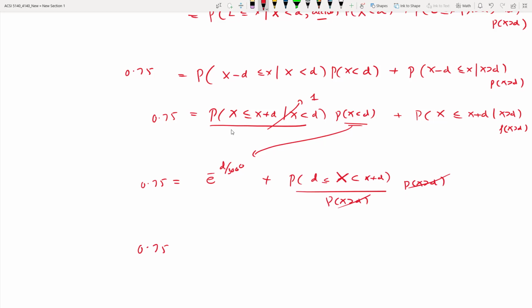By the way, this is probability X less than d, so it should be 1 minus. Remember the CDF of the exponential distribution? F(x) is 1 minus e to the power negative x over beta, if we use the beta formulation. Beta is the mean, basically 3000.